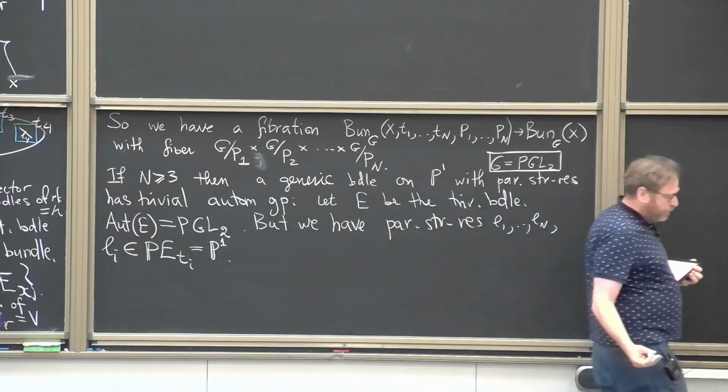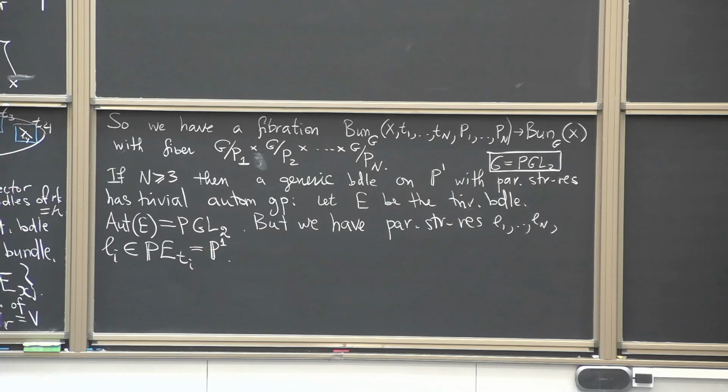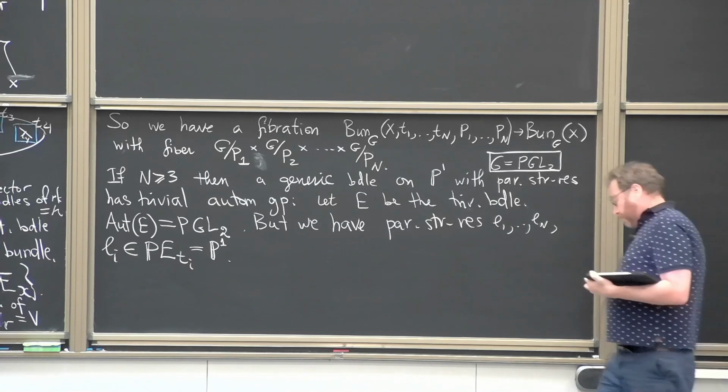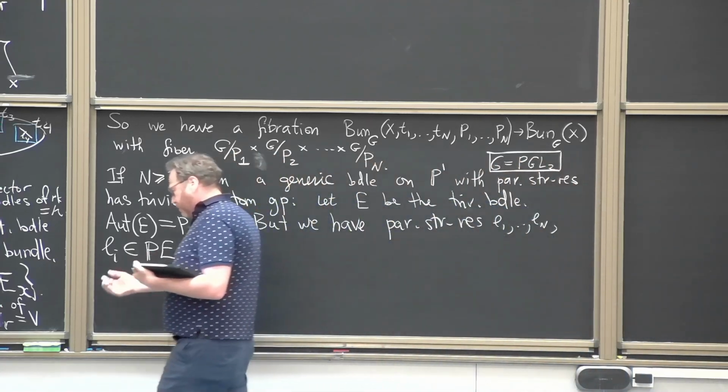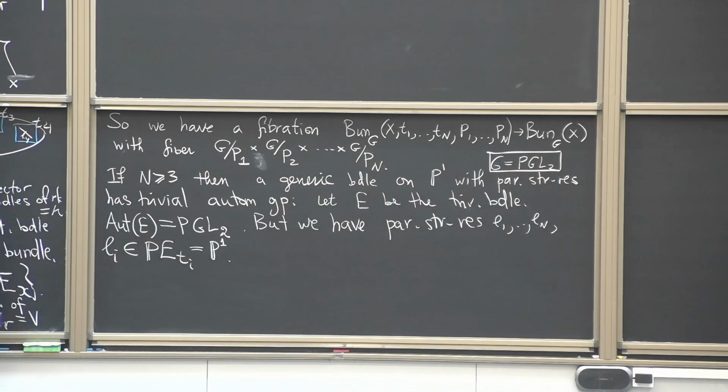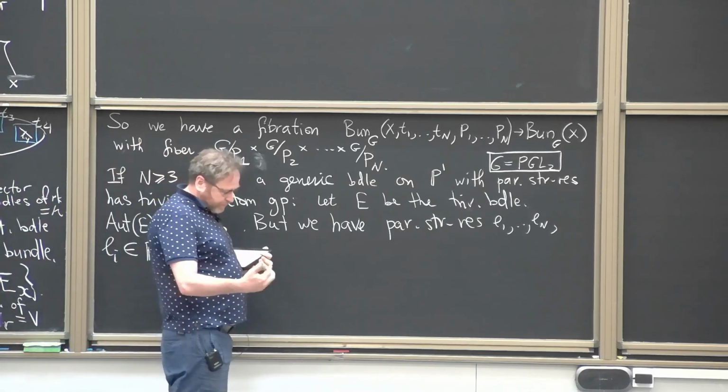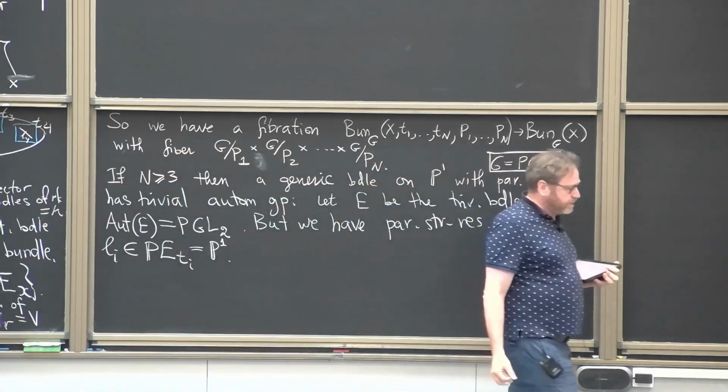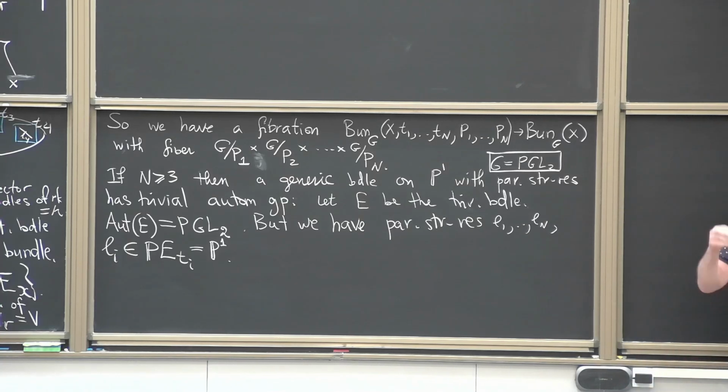So we have a notion of a principal vector bundle. An automorphism of a vector bundle, there are many ways to think about it. One way to think of it is as a section of E tensor E dual, which is non-degenerate at every point.